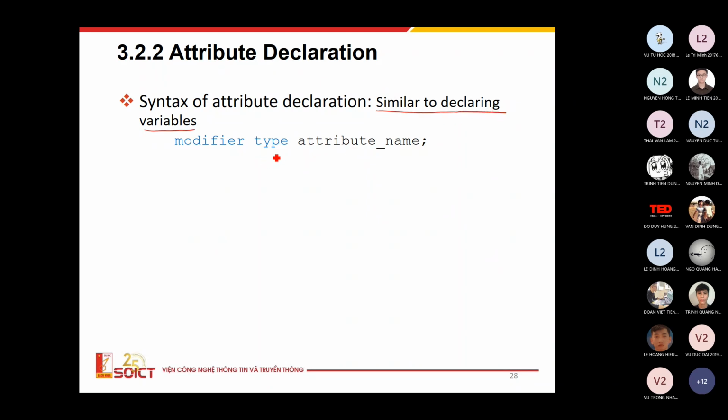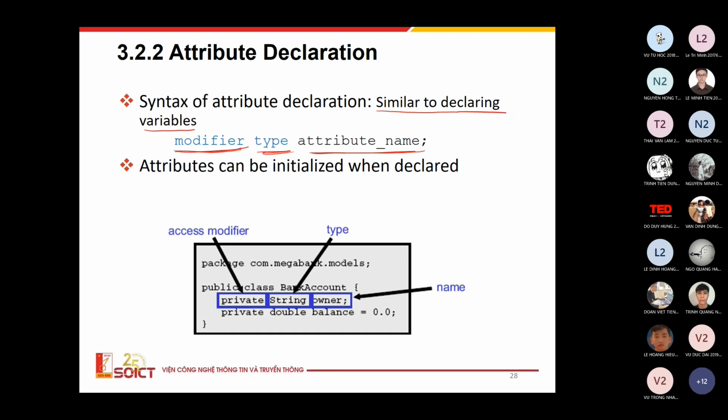That means you will have the type and then the name of the attribute. But now you have to add the modifier for this attribute, and you can initialize it when you declare it, the same as with a variable.